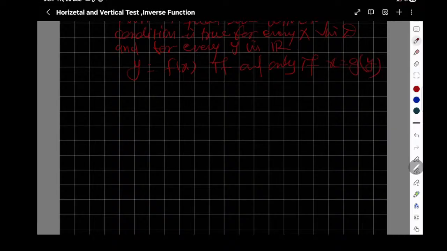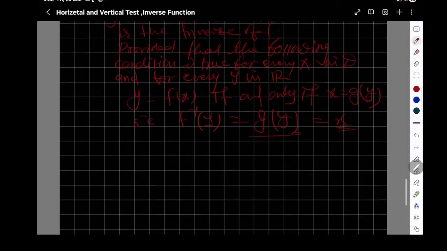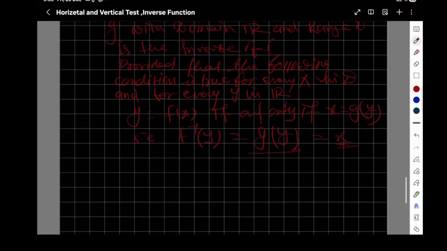That means g(y) is f inverse of y. Okay, this is called the inverse function. Do you understand about the inverse function?